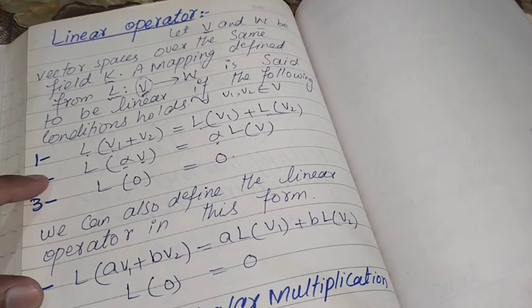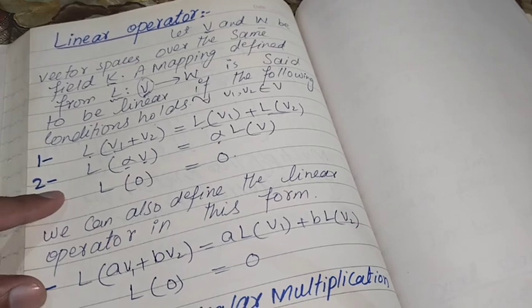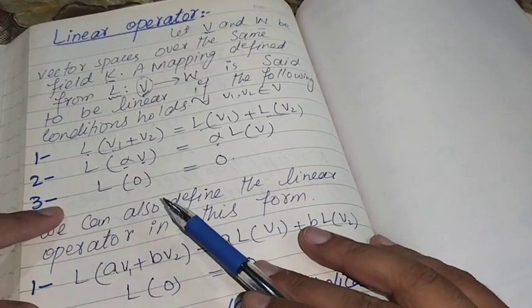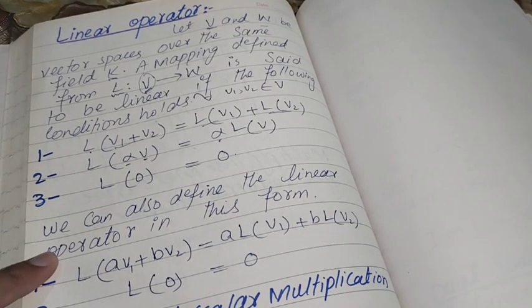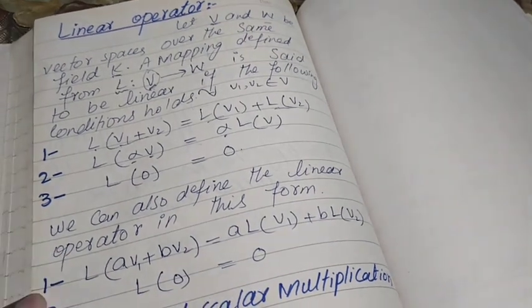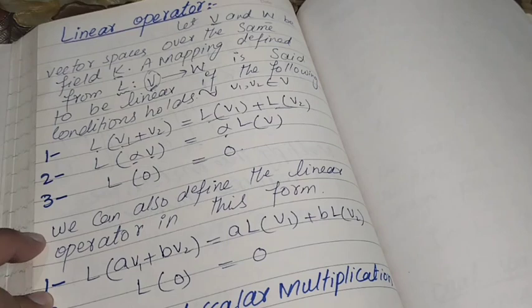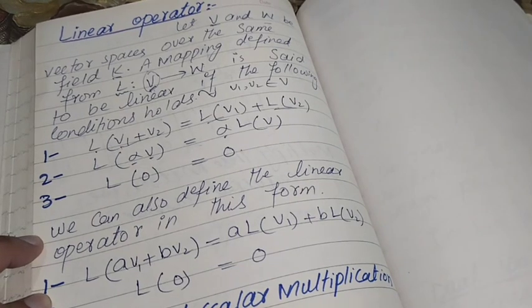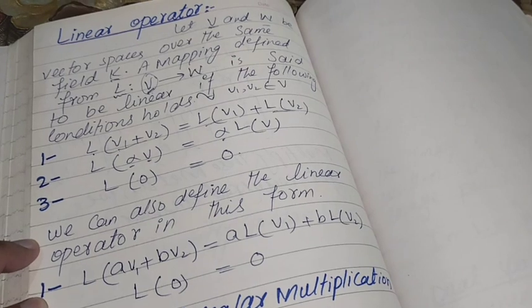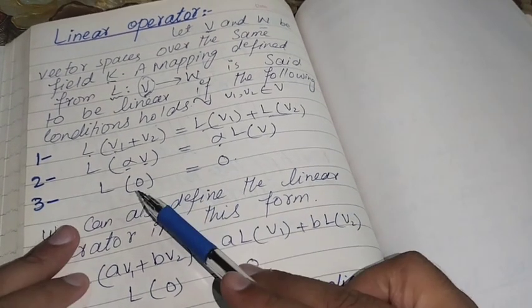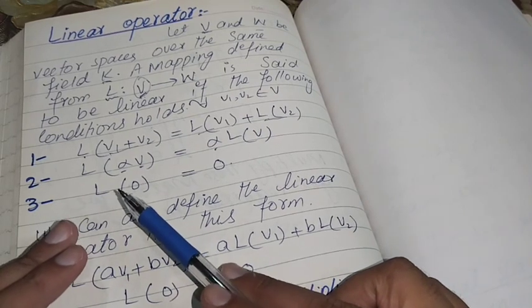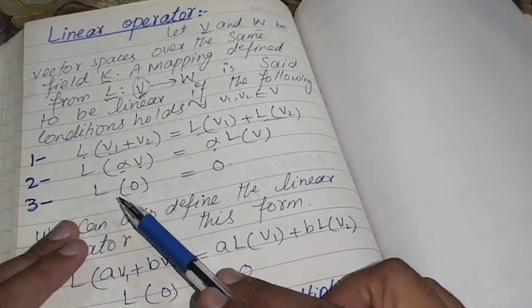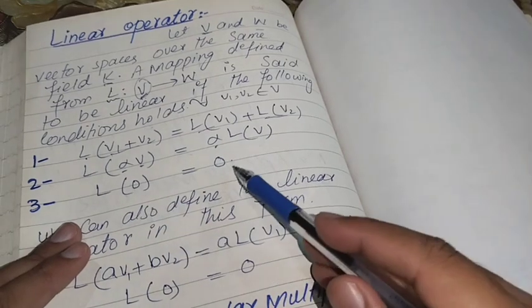The third condition says that every linear mapping takes the zero vector into the zero vector. This simply means that the linear mapping L takes the zero vector into the zero vector.